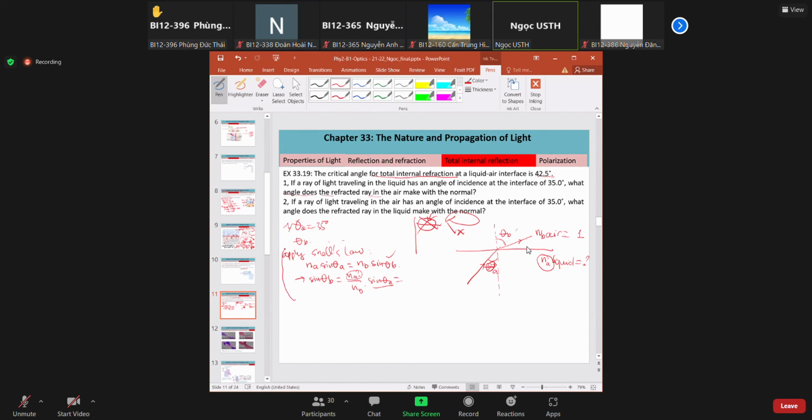So first, we calculate the index of refraction. You have to say some words: when total internal reflection occurs.